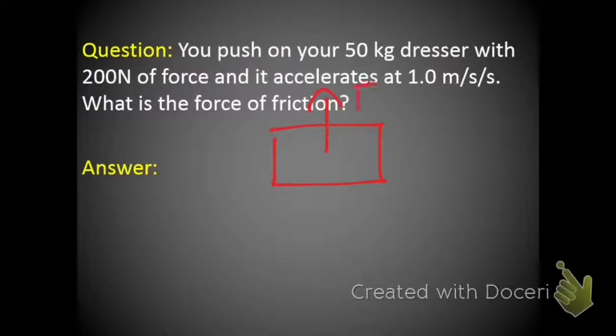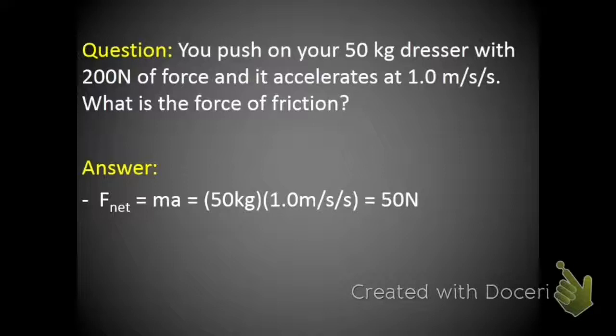We've got a normal force, a gravitational force, an applied force, and a frictional force. Since it's accelerating, the applied force must be bigger. The question is, how much bigger? Let's calculate it.